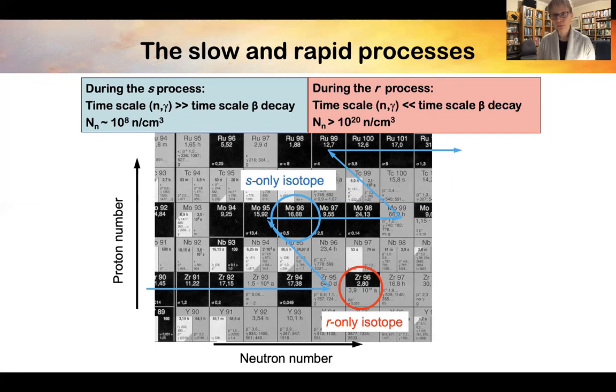If you get to zirconium 95, zirconium 95 is an unstable isotope with a half-life of 95 days. Again, it has a choice. Does it capture a neutron or does it decay? And under most conditions of the s process, zirconium 95 always decays. So it decays through niobium 95 up to molybdenum 95, and that's where the process starts up again.